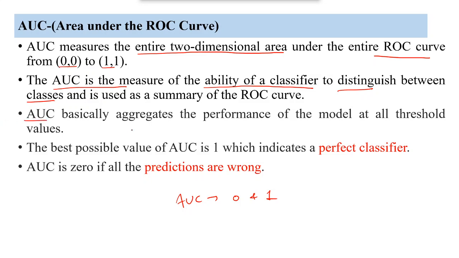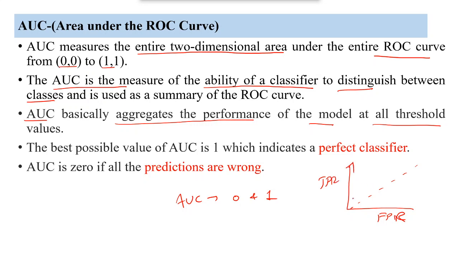This AUC is basically an aggregate of the performance of the model across all thresholds. All thresholds means the number of thresholds that can exist between these. If you see this graph, this is the baseline, this is the false positive rate, and this is the true positive rate.